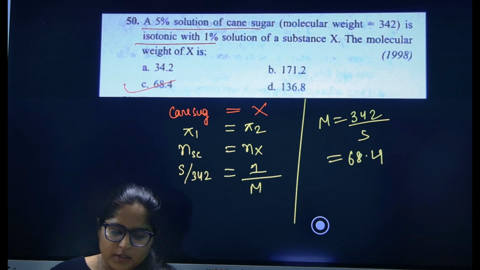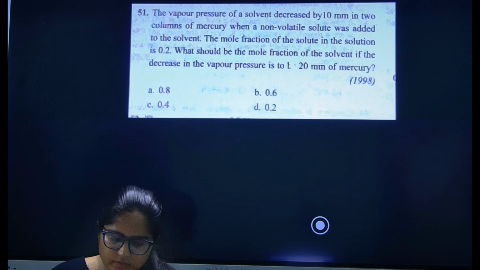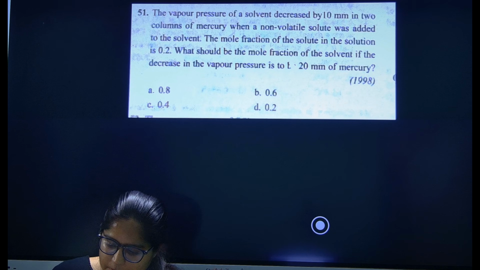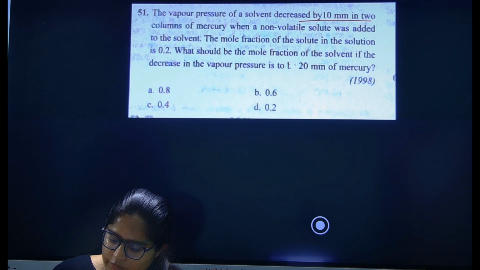Okay, now let us see question number 51. The vapor pressure of a solvent decreased by 10 mm of mercury when a non-volatile solute was added to the solvent. The mole fraction of the solute in the solution is 0.2.